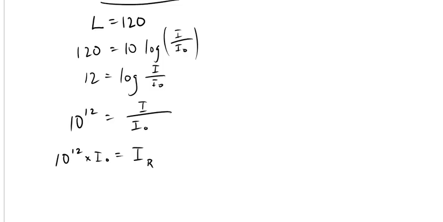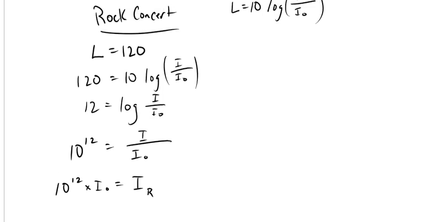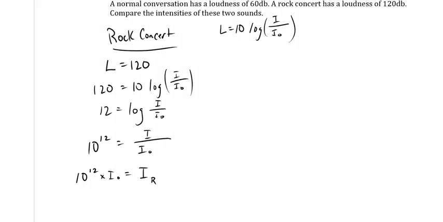So the intensity of a rock concert is 10 to the 12 times I0, which is a constant. We don't have to worry about it right now. Is that okay? Okay, do the same thing for a conversation.